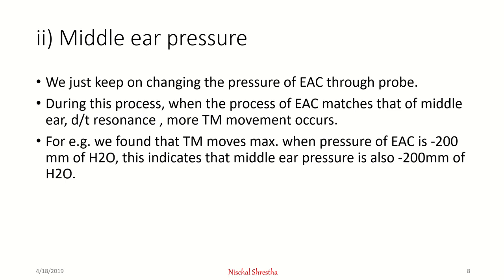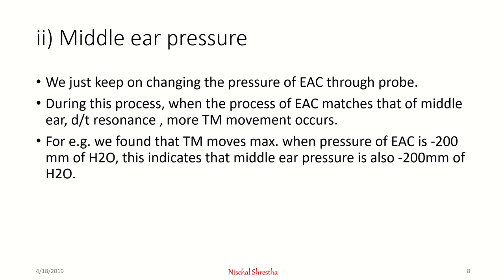we can measure that point pressure, and we can say that pressure is the pressure of the middle ear, because tympanic membrane movement is maximum only when resonance occurs. And that maximum resonance occurs when the middle ear pressure and external auditory canal pressure become equal.